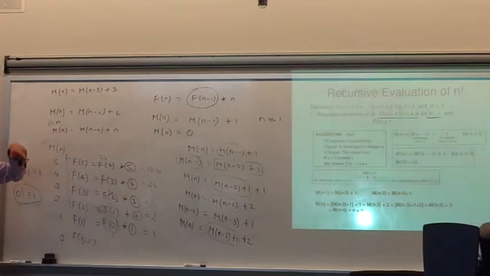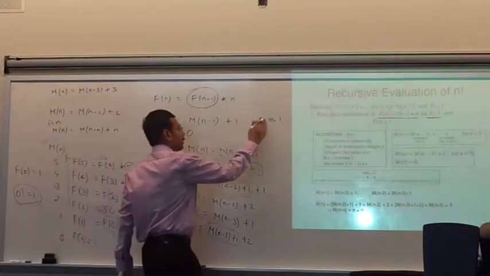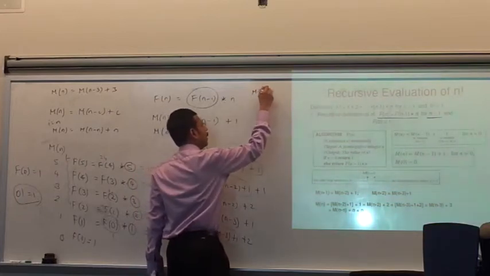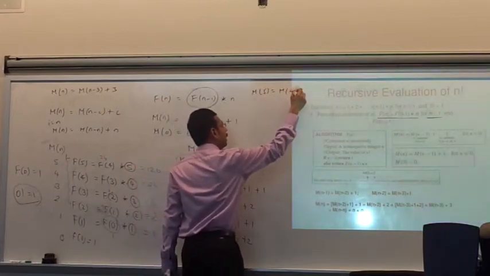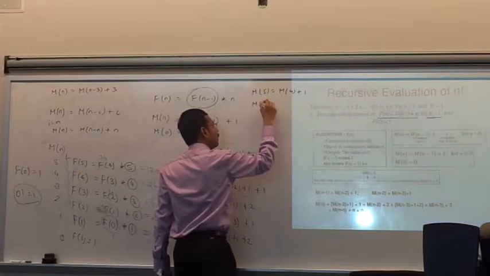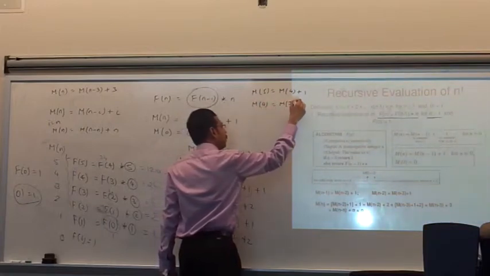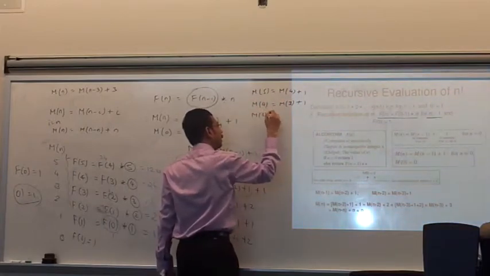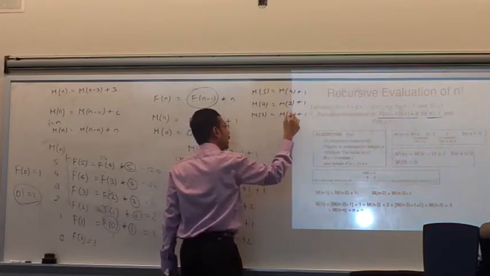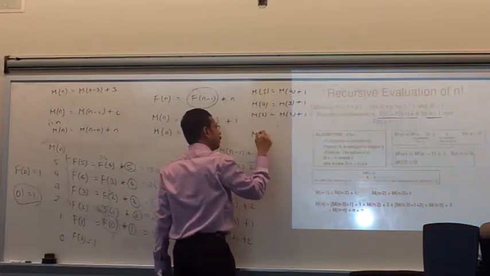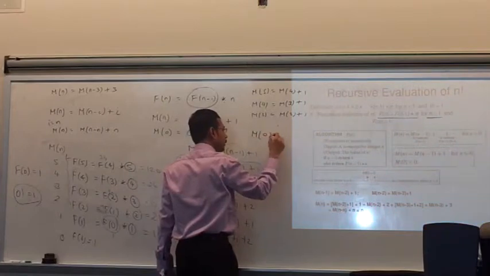M of 5, we want to find 5 multiplications. M of 5 is what? M of 4 plus 1, right? Then M of 4 is M of 3 plus 1. M of 3 is M of 2 plus 1. So how far can you keep doing that? Until you find M of 0, which is 0, right?